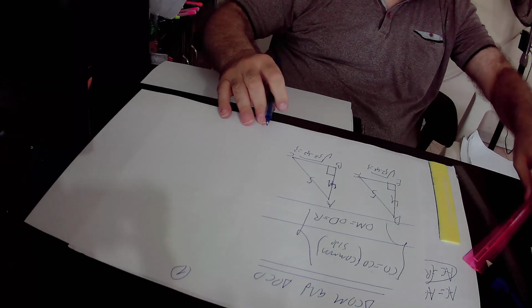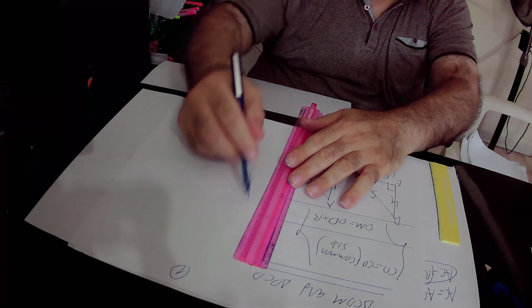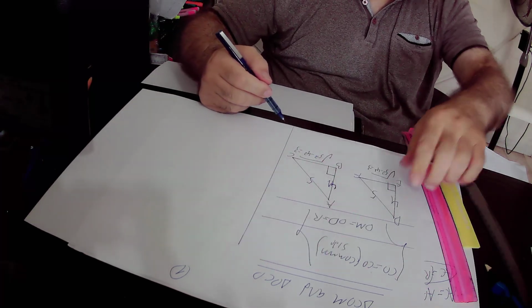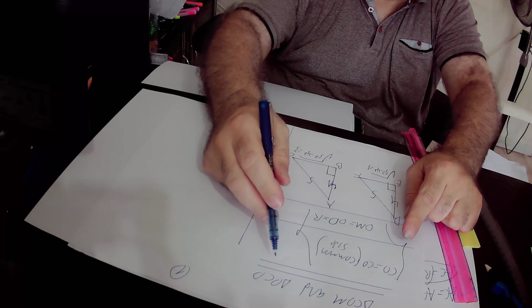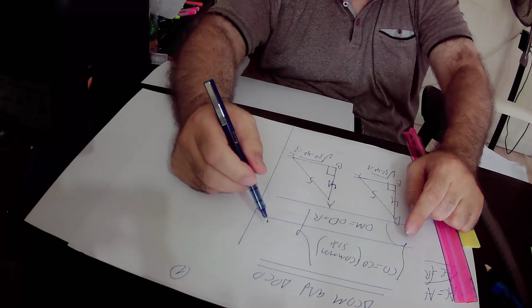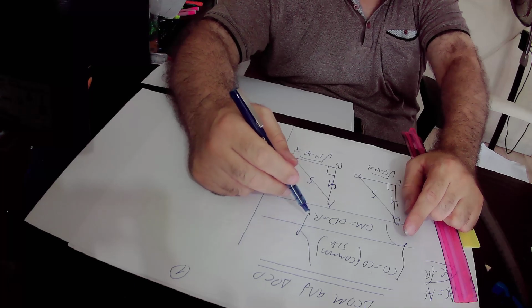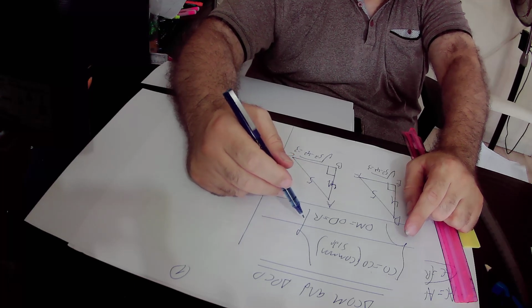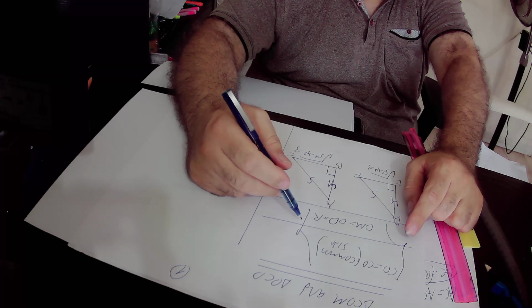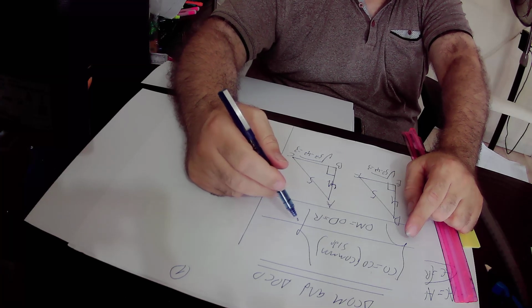Therefore, we can write down that those two right triangles COM and OCD are congruent by their one perpendicular and the hypotenuse, according to the side rule. Why?